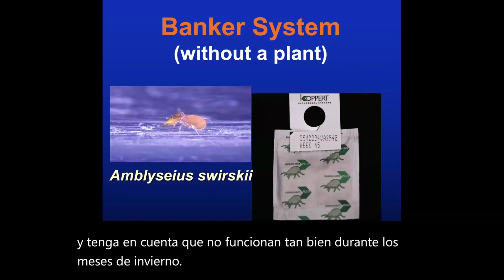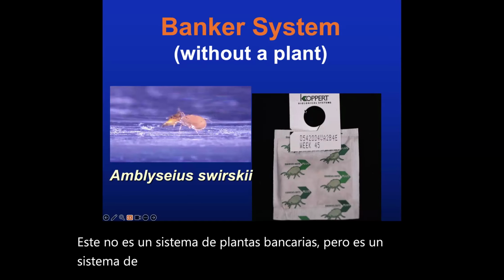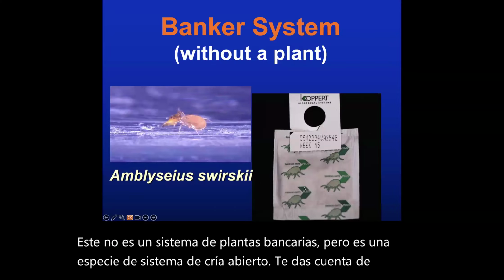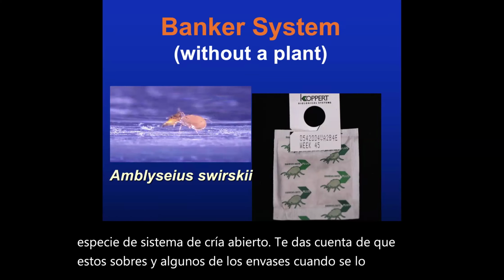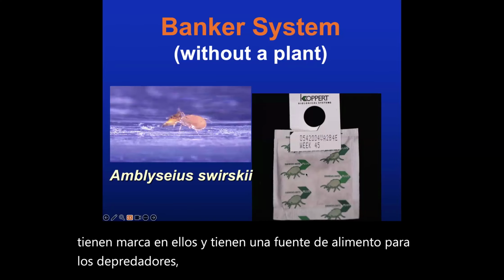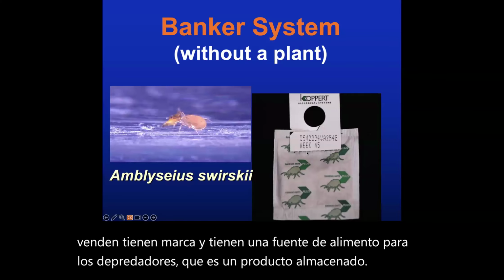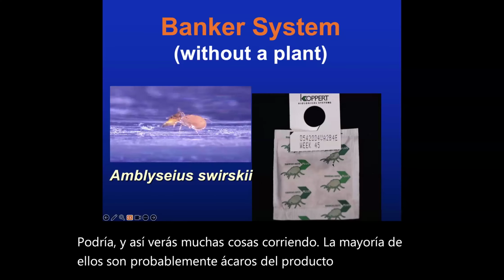This is not a banker plant system, but it's an open rearing system of sorts. You realize that these sachets and some of the containers, when they sell it to you, have bran in them and have a source of food for the predators, which is a stored product mite. And so you'll see a lot of things running around. Most of them are probably stored product mites if you just purchase these.